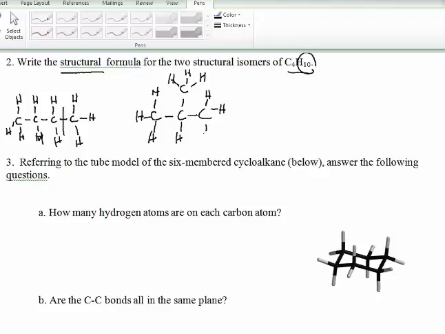And the carbon on the right also needs 3 more hydrogens. And let's confirm that we have the correct number of hydrogens. We have 3 on this carbon, 3 on this carbon to make 6, 3 more over here to make 9, and 1 more is 10. So we have the same formula for both of these drawings. We just have a different connectivity, and those are, by definition, structural isomers.